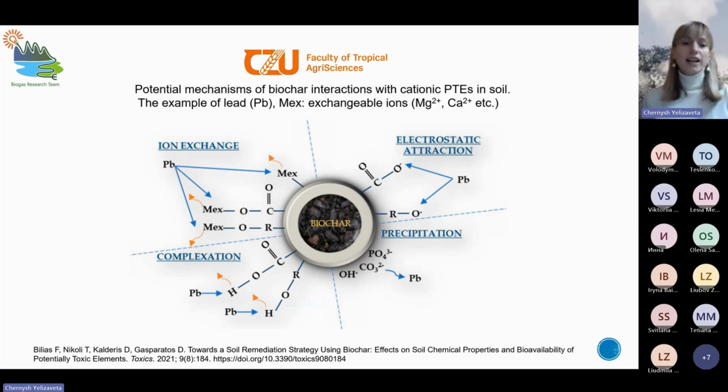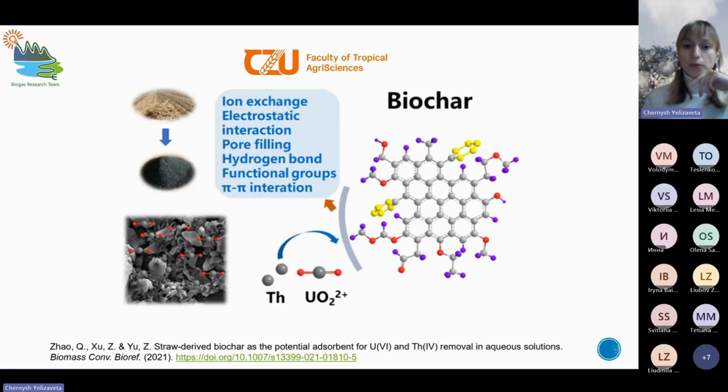We can analyze this type of investigation and see active progress in this strategy of using biochar. Mostly the mechanisms are ion exchange, electrostatic interaction, pore filling, hydrogen bonds and functional group interactions that can be useful for fixing radionuclides and heavy metals.